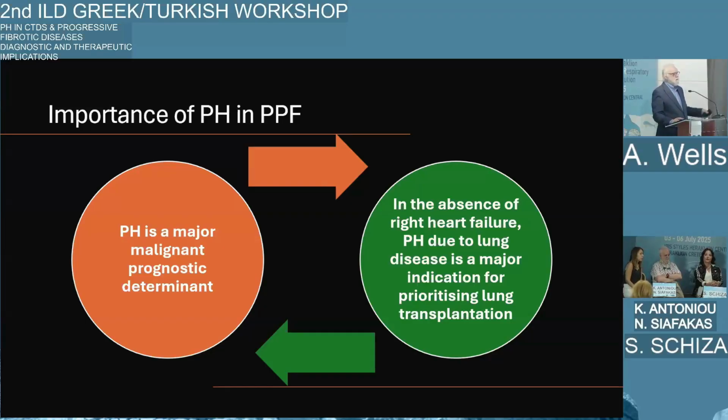In the United States, the priority score for transplantation having PH is a very big deal in ILD. Of course, this does indicate, if you're going to use this, that you are not using it too late with a failing right heart, because transplantation does tend to be very bad news in that setting.